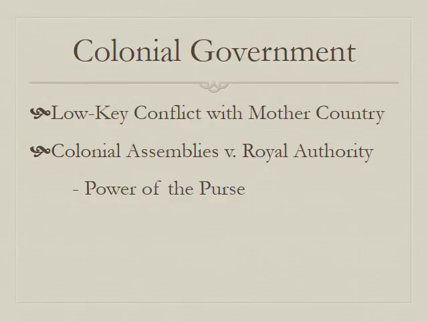Now, to counter that, the colonial assemblies could initiate legislation, and most importantly, the colonial assemblies had the power of the purse. That means they had control of the money. This ultimately made the legislature more powerful because if the governor needed money for something, needed to raise an army, he would need the colonial assembly to raise that money for him.